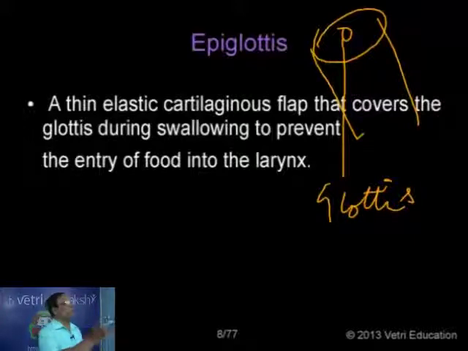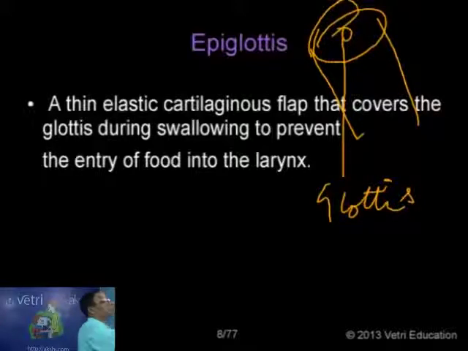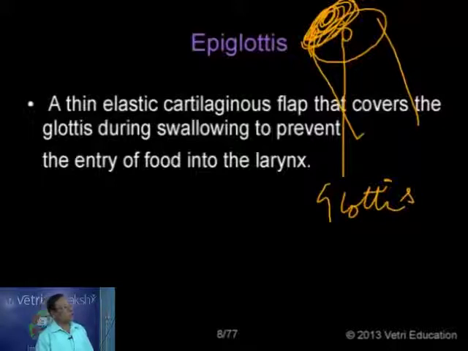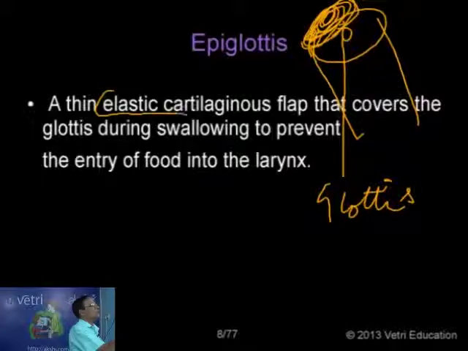So, in order to prevent this, there is a flap of cartilage lying over the glottis or the larynx, a flap of elastic cartilage called the epiglottis, a lid which can close or open the glottis at times of eating. So, in order to prevent the entry of food into the tracheal system, we have a flap of cartilage, mainly made up of elastic cartilage.